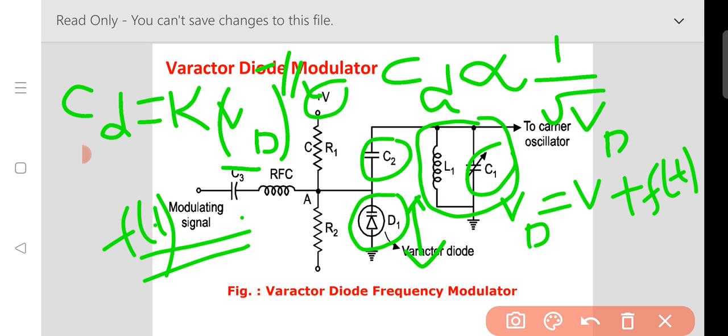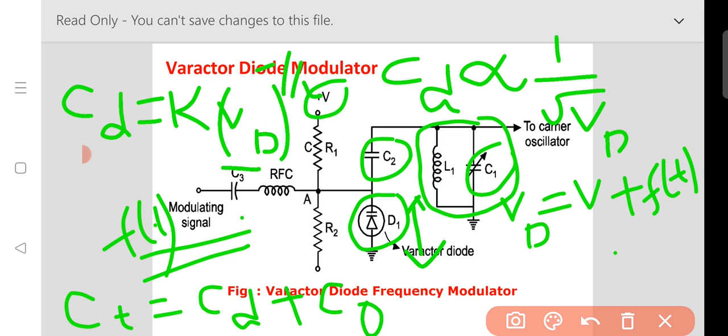So the total capacitance, we indicate it as CT, equals CD, across the diode, plus the other total which we consider as C naught.